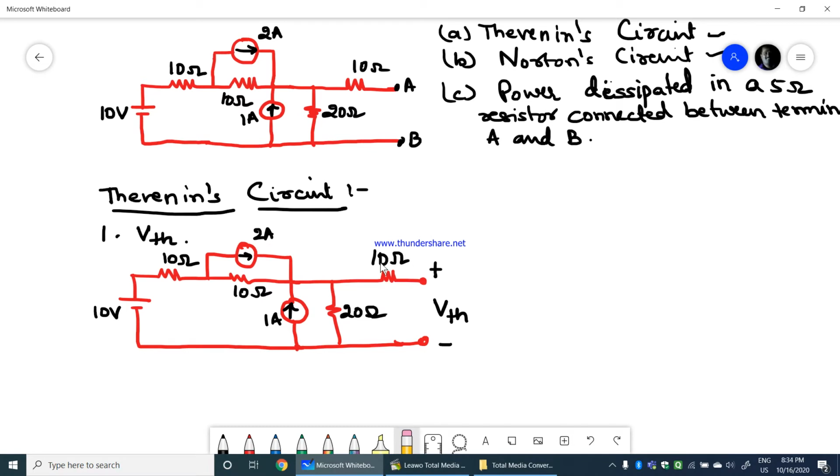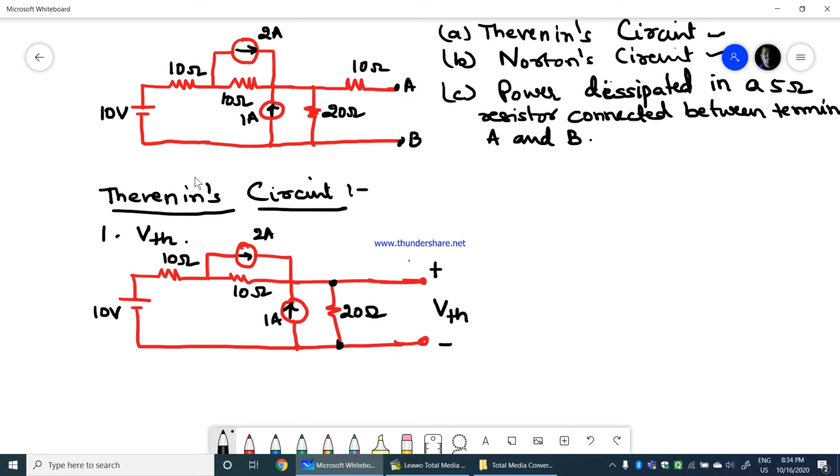I can remove this resistance, as it is nowhere required, since one connected terminal is open. Now VTH is nothing but the voltage across this 20 ohm resistance. Now if I know the current flowing through that 20 ohm, then I can easily find out the voltage VTH in this particular circuit.